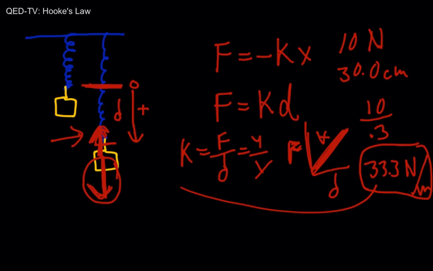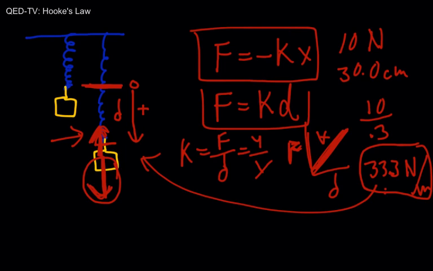It'd be constant for that spring, so I would always use that K value for that particular spring. Different springs are going to be tighter or looser, so they're going to have different K values. But this is Hooke's law. This is the way I technically write it.